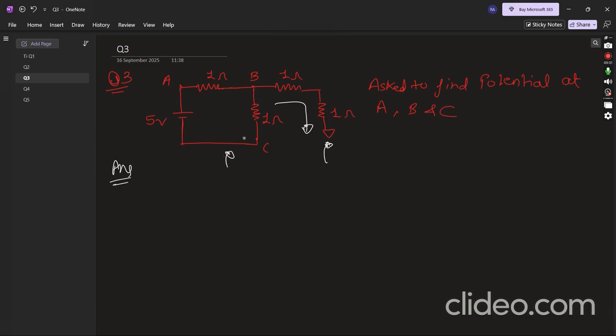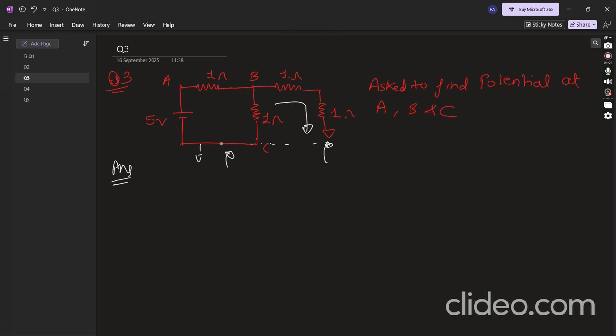That's why this question is a little bit tricky, because many people will think this is ground, so this is also ground, and they will assume and connect like this, solve the circuit by KVL and KCL, form some complex equations, then find the potential at A, B, and C. So this is totally wrong. We have to think properly and do simple things.